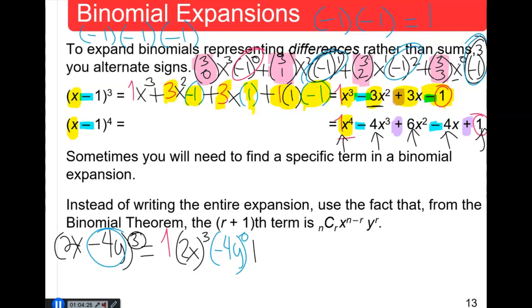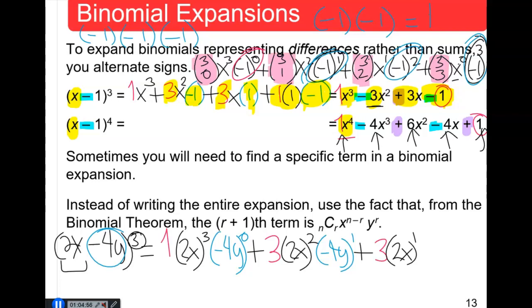Then we get our next binomial coefficient, which we know is a 3. And then we take the first term from here, which is 2x, and that will be raised to the power 2. Then we take negative 4y, and that will be raised to the power 1. Then we will have plus 3 and 2x to the power 1 times negative 4y to the power 2.